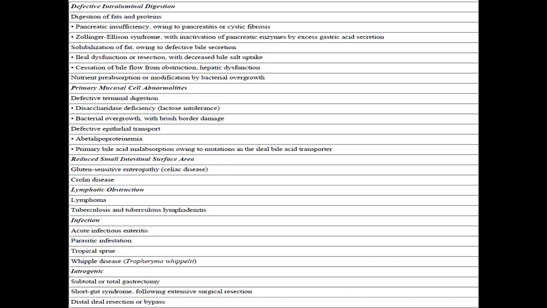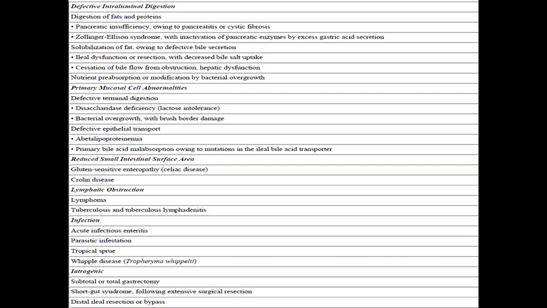This is the second mechanism of diarrhea occurrence, primary mucosal cell abnormalities. So there is defective terminal digestion that may be due to disaccharide deficiency, that is lactose intolerance, or bacterial overgrowth with brush border damage.